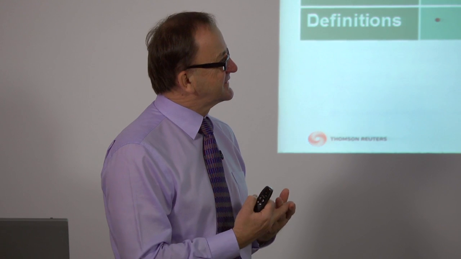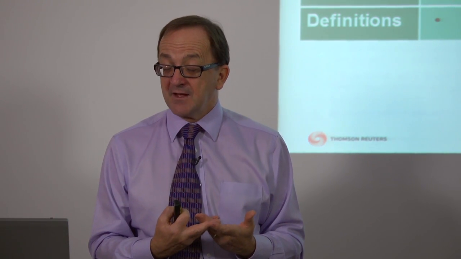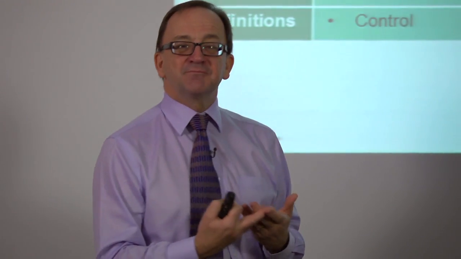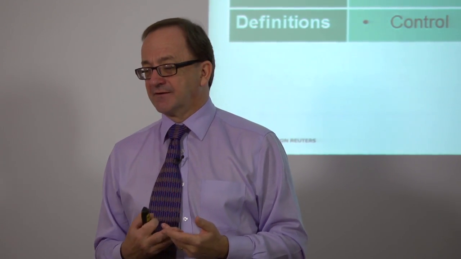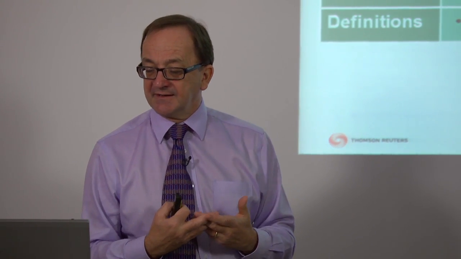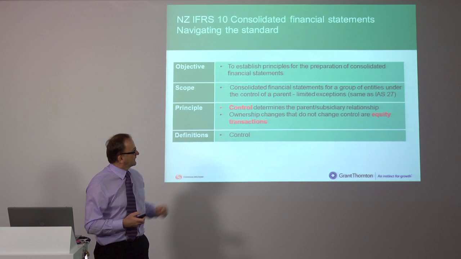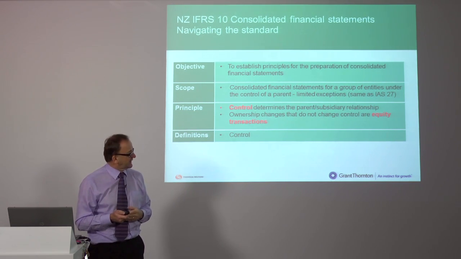Well, the accounting standard changes that, and so you can have a 48% voting interest and consolidate. Similarly, you can have a 53% interest and not consolidate. Obviously, disclosures would be around that. But that's what this standard is all about, and it is around whether I have control over the other reporting entity.